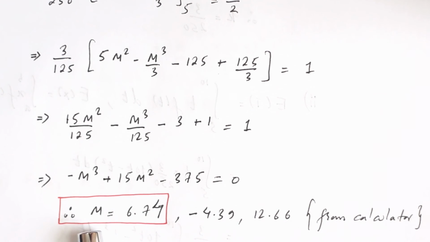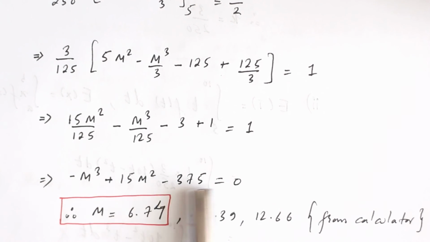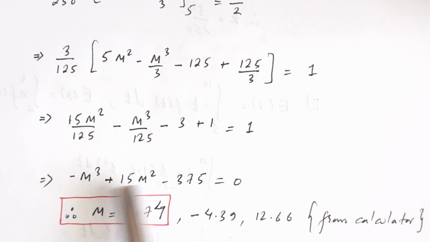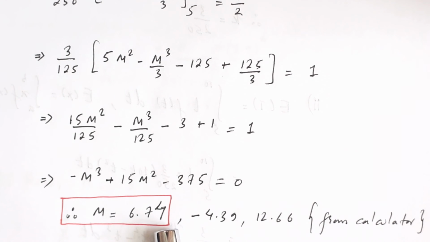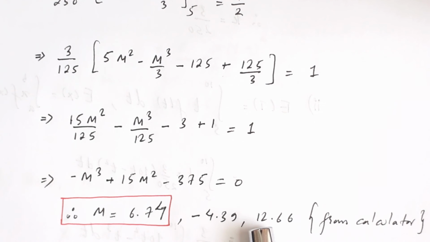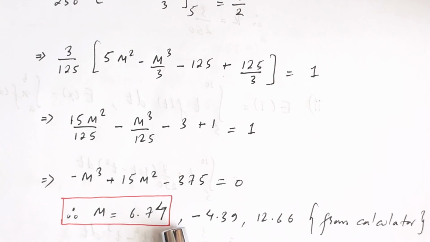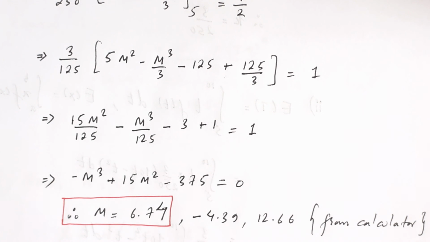When you see the final expression, you get a cubic function here. If you use a calculator, you can find the value of m to be 6.74 or minus 4.39 or 12.66. The only valid value of m is 6.74, because our domain's lower value is 5 and the maximum value is 10. The only value that lies between 5 and 10 is this, so this has to be the median.